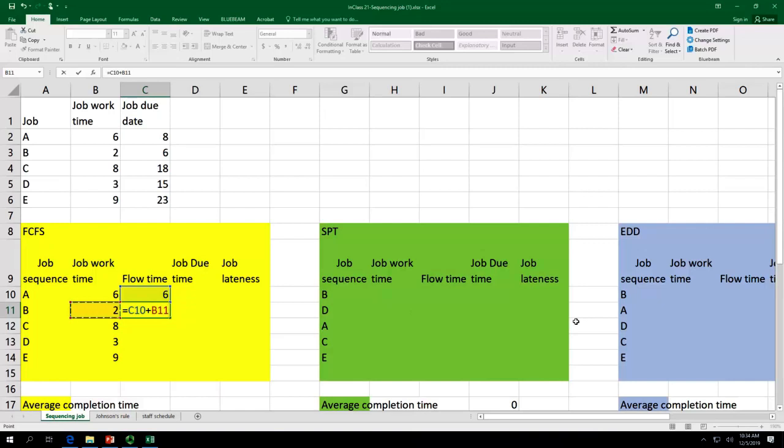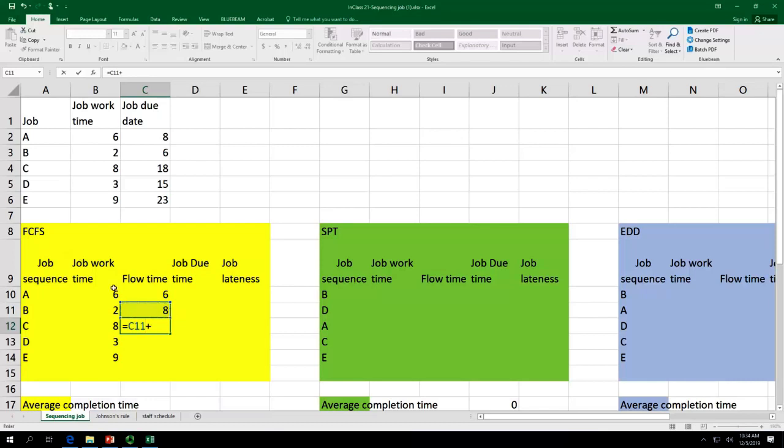Working time is 6 days for A, but for B you have to wait for A to finish and then start. So flow time is actually a cumulative time. C has to wait until A and B finish and then start C.